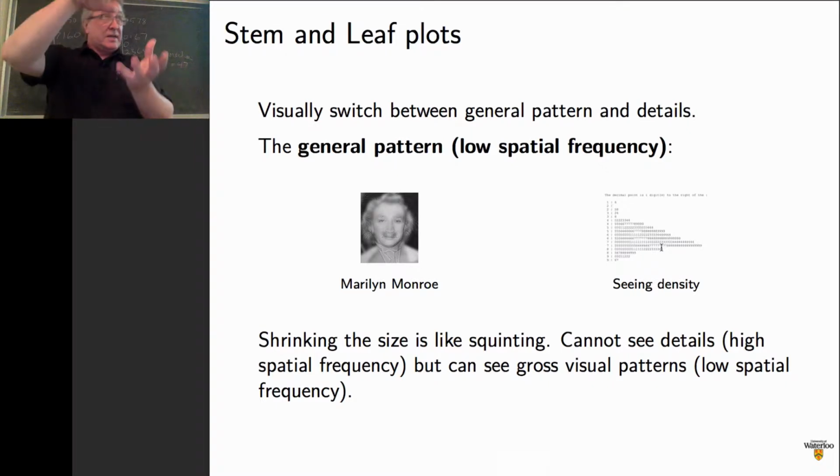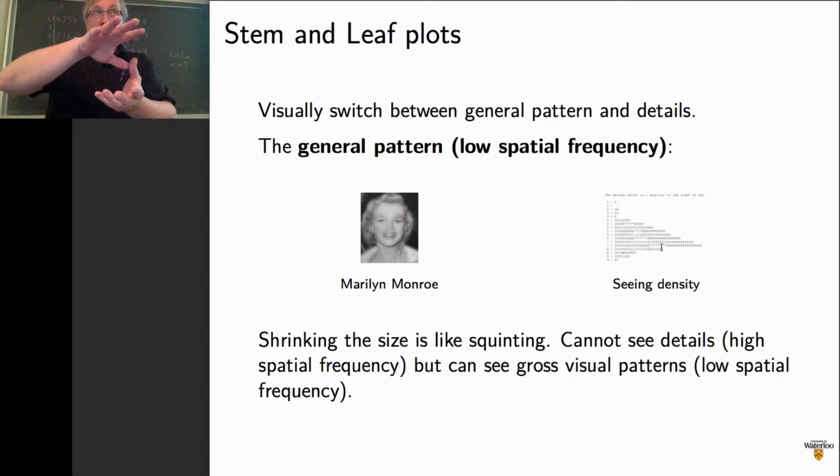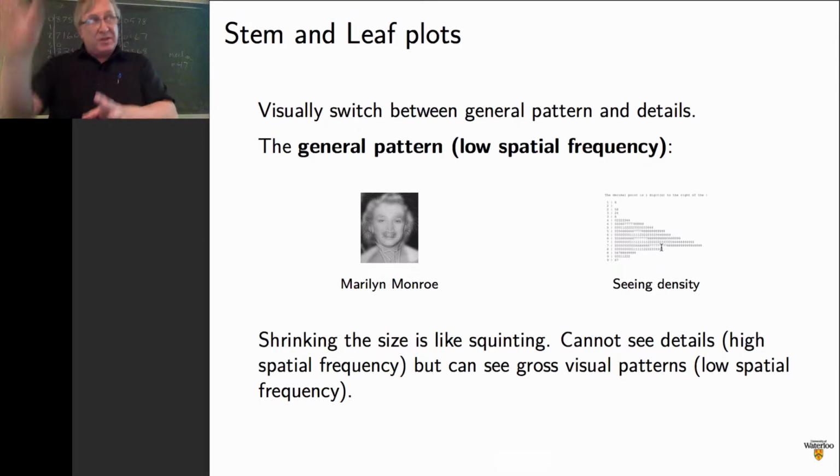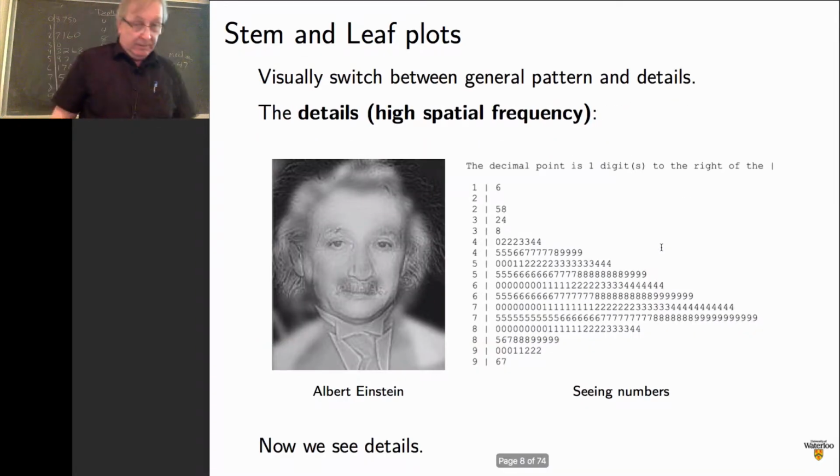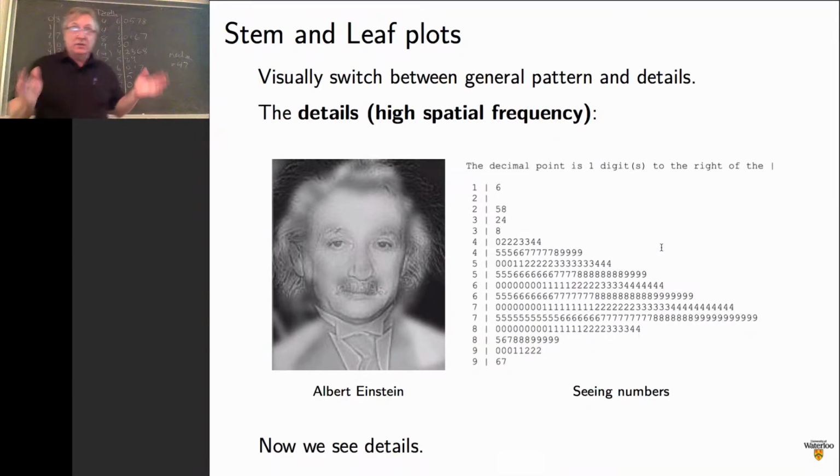When you shrink the size of that thing, you don't get to see as much spatial variation, so you get to just see the coarse elements. Now if I zoom in on it, I'll see more details. So zooming in, right, looks like that. And now it looks a little bit more like Albert Einstein.